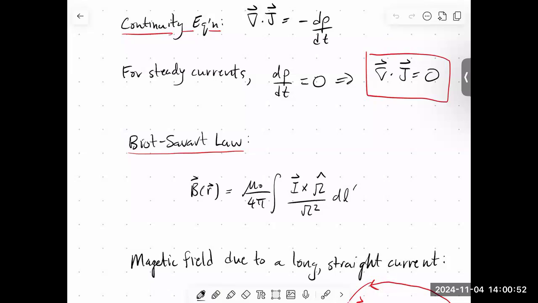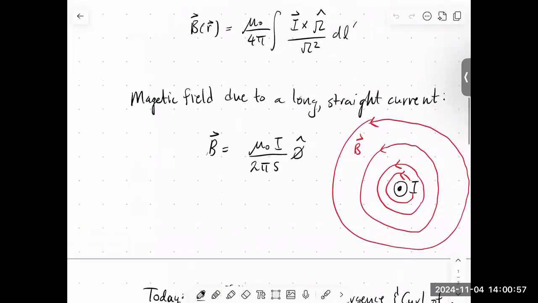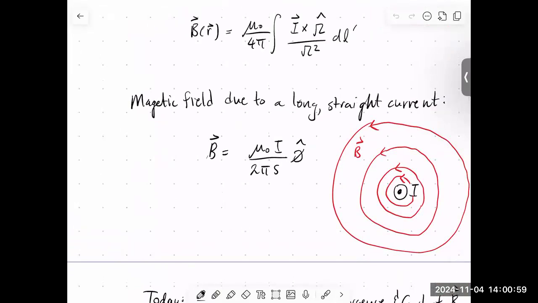We applied it to the case of a long straight current. And what we found is, so here's a long straight current where the current I is coming out of the screen. The magnetic field lines loop around that current, and they have a magnitude that decreases as 1 over s, where s is the perpendicular distance from our current to some observation point.